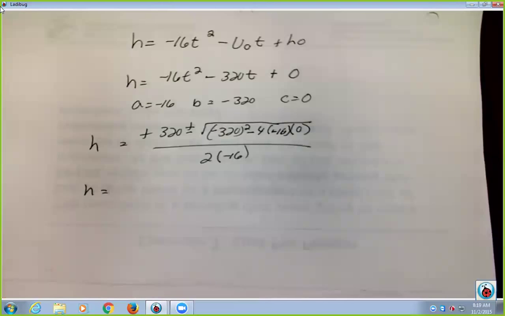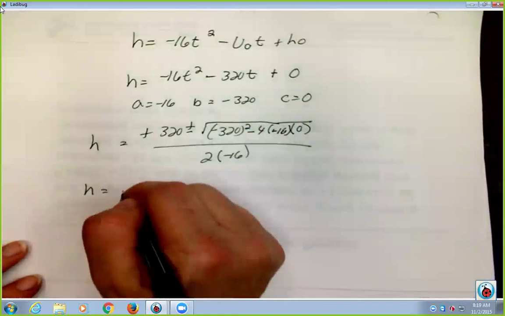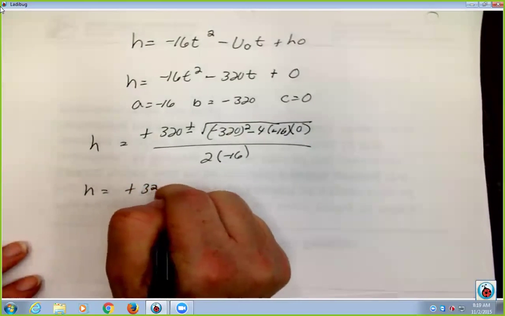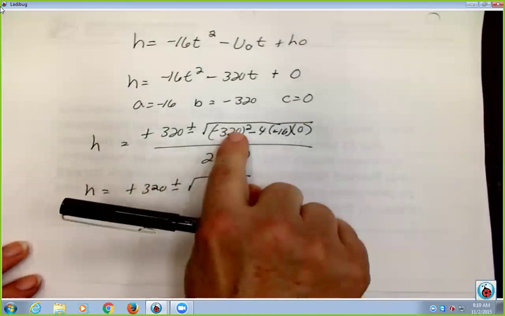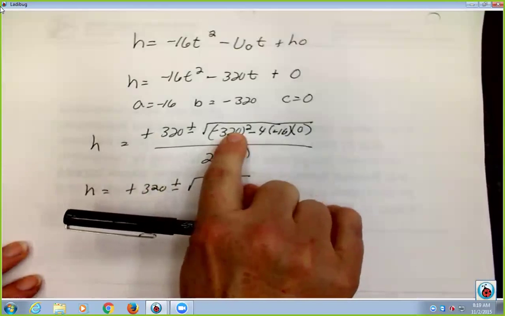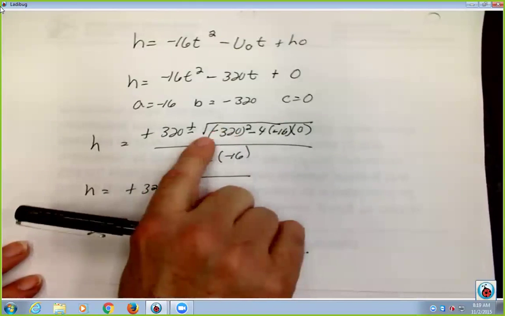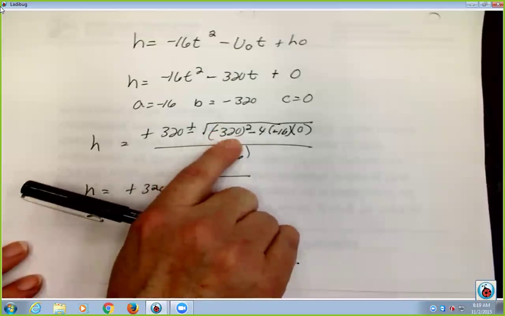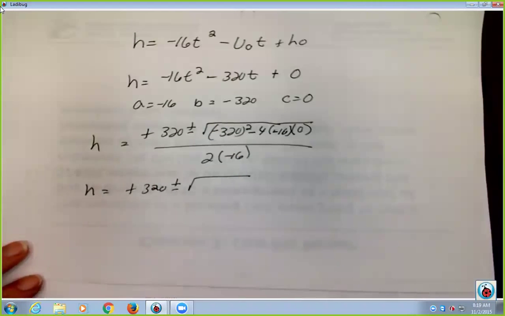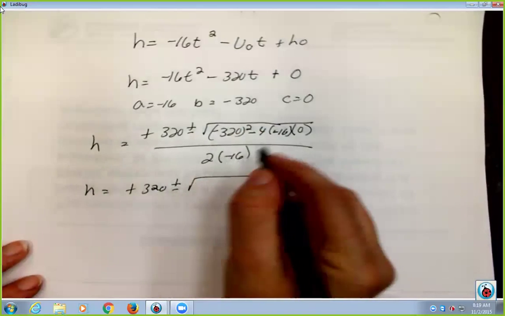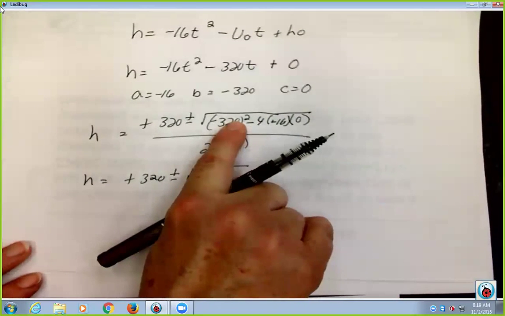So what happens to that? If I go through and finish it, I get negative 320 plus or minus. Under here, the only thing left is the square root of 320 squared. Do I really need to do that? I'm going to go back and take the square root of it. Because if I square it, it's going to come out positive.